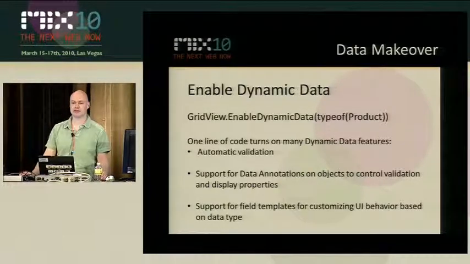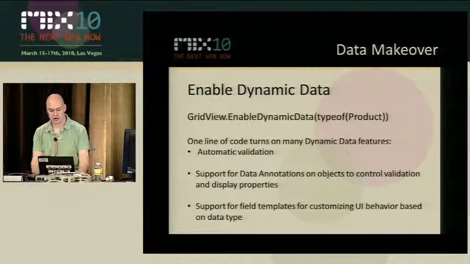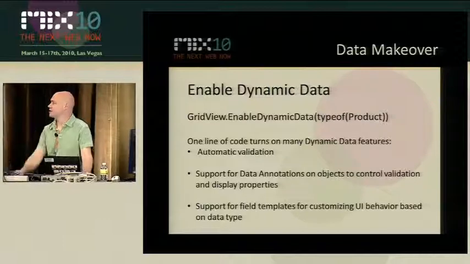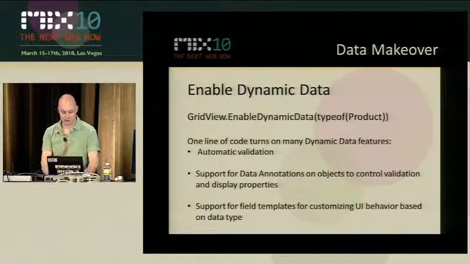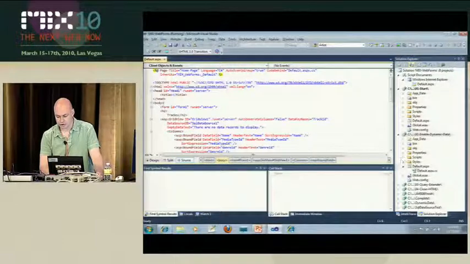But what you can do now is enable dynamic data for a lot of the grids and several different data-bound controls. When we say enable dynamic data, we turn on a lot of these cool features. So in this example, we're going to look over here.